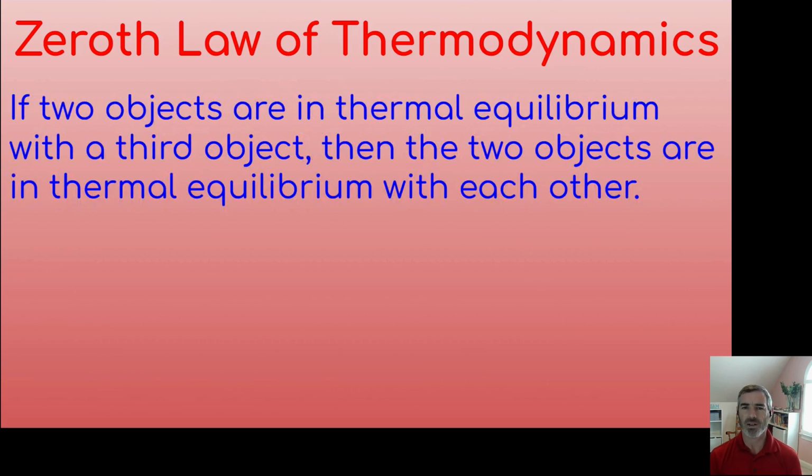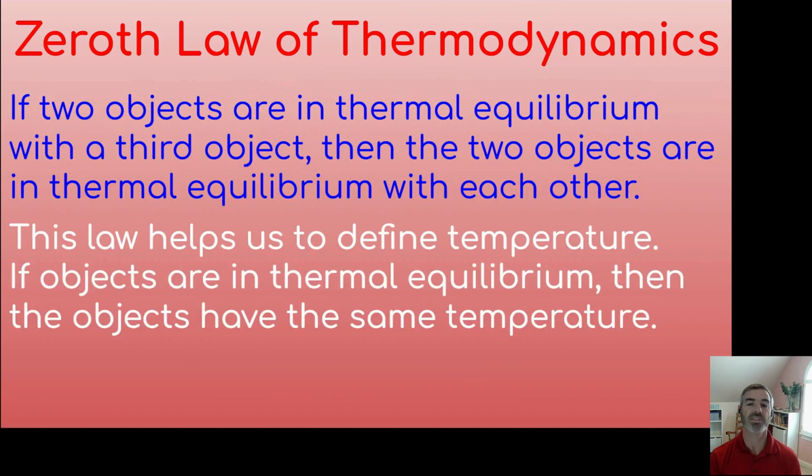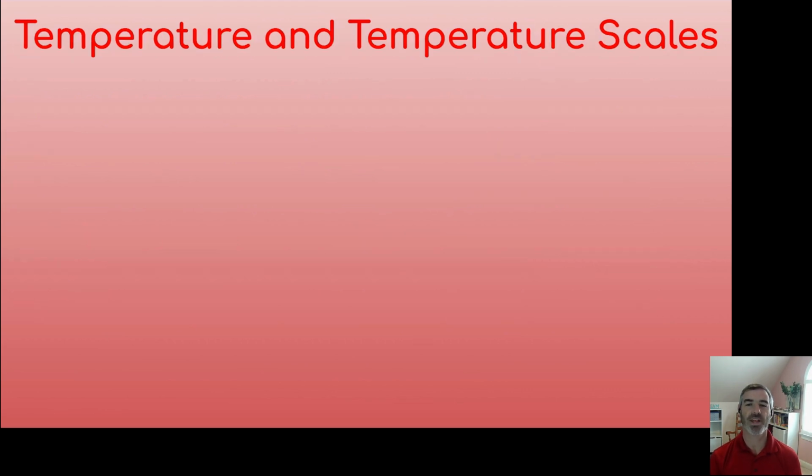It seems kind of trivial, but what that helps us do is define temperature. Objects that are in thermal equilibrium have the same temperature, which is why this law was so important and named the Zeroth Law. So we're going to talk about temperature and temperature scales.